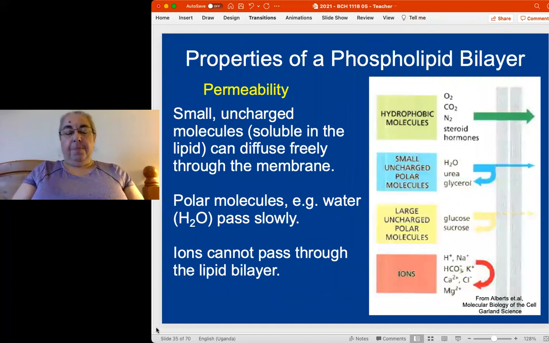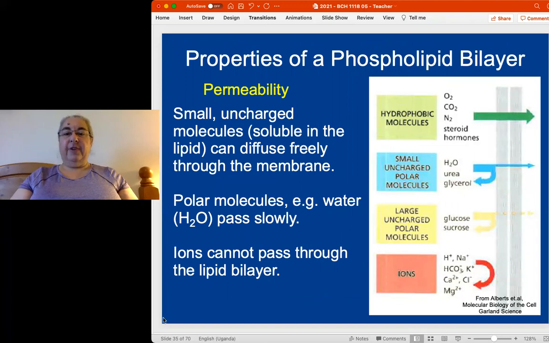So another important property of the phospholipid bilayer is its permeability. What molecules are able to pass through that lipid bilayer? So here is a lipid bilayer, just indicated in gray here. And here are different groups of molecules and how easily they can pass through this membrane.